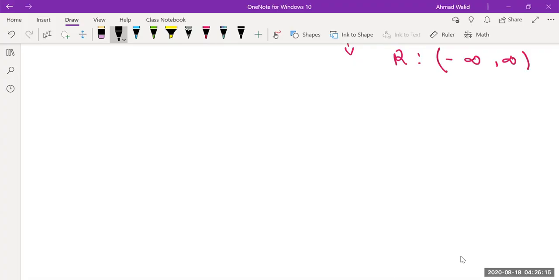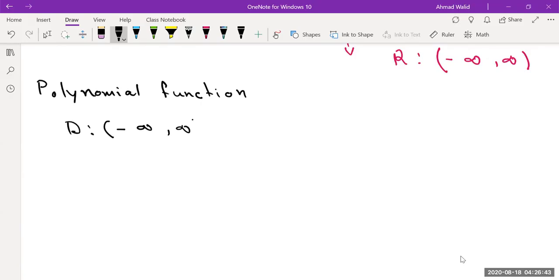To find the domain and range of polynomial functions, it's really easy. How do you know the domain and range of a polynomial function? First, polynomial functions, which also cover your linear function. The domain of polynomial functions starts from negative infinity to positive infinity for all of them.